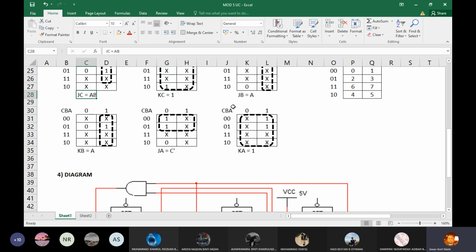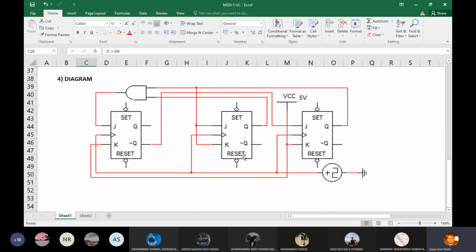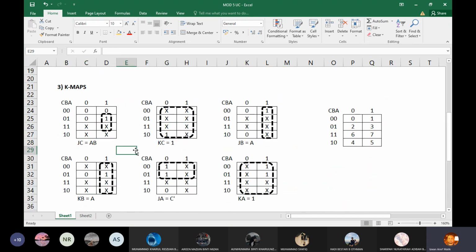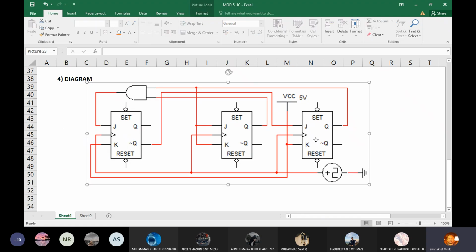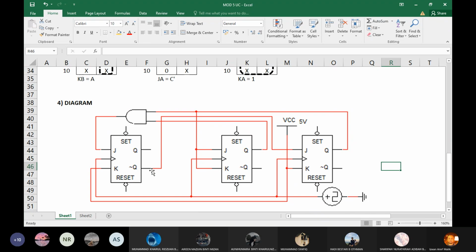Once you have obtained this, then you boleh start drawing dia punya logic diagram. Okay, so this is where I'm using 3 flip-flops. This is C, this is B, and this is A. Alright, now this is J for C, this is K for C, J for B, K for B, J for A, and K for A. Now, first thing you need to realize the clock input.